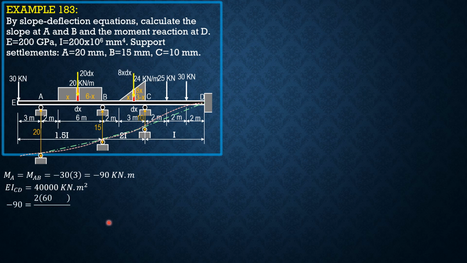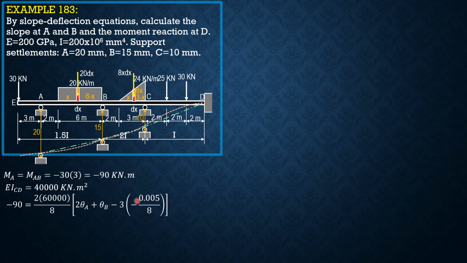So negative 90, moment AB is 2EI over L, quantity 2 theta A plus theta B minus 3 times delta over L, where delta, because the chord joining A and B rotates counterclockwise, and B is 5 mm higher than A in the settled position.